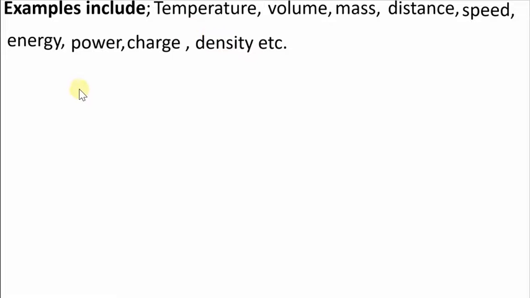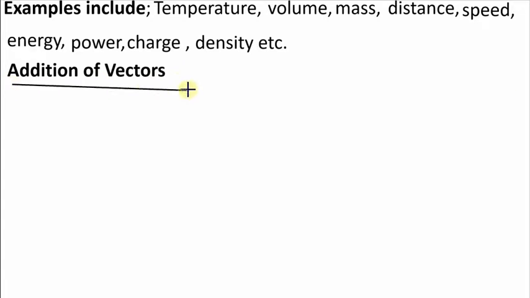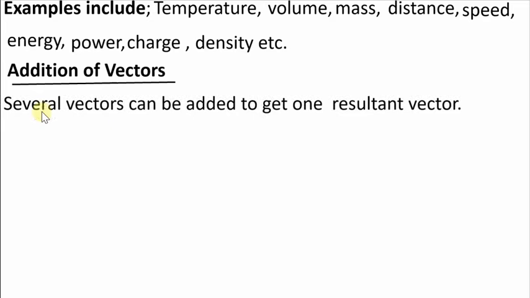Now let's look at addition of vectors. Very important that we look at addition of vectors. What you must understand is that several vectors can be added to get one resultant vector.